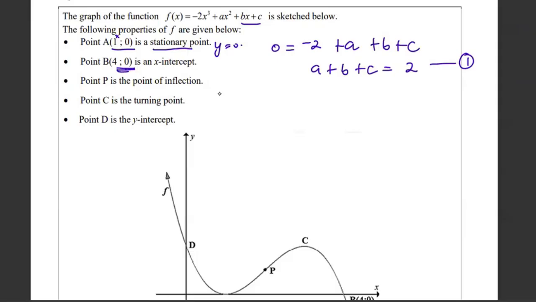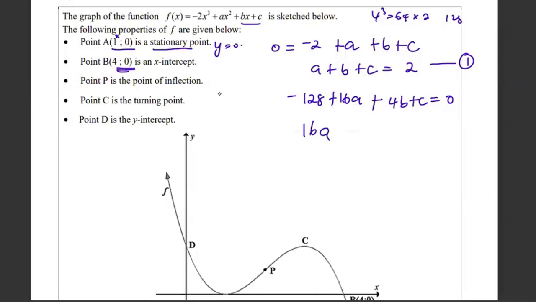Let me use this other x-intercept, 4 and 0. Meaning that if we have 4 cubed, it's going to be 64 times 2, which is 128. So negative 128 is equal to, we have 4 squared, that's going to be 16a, plus, the b is going to be 4b plus c is 0.